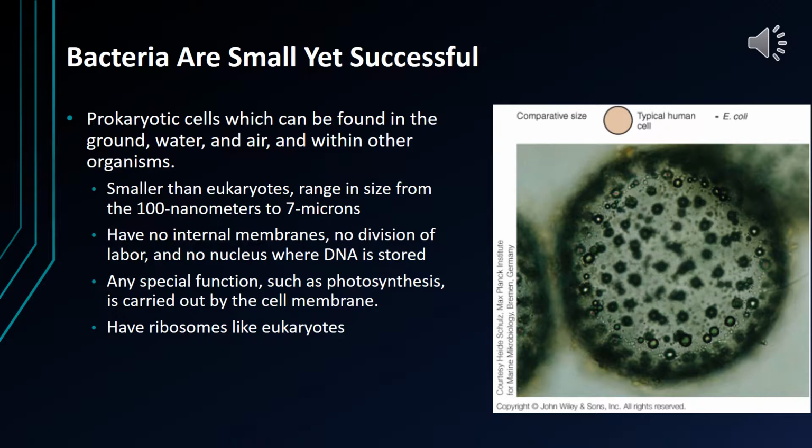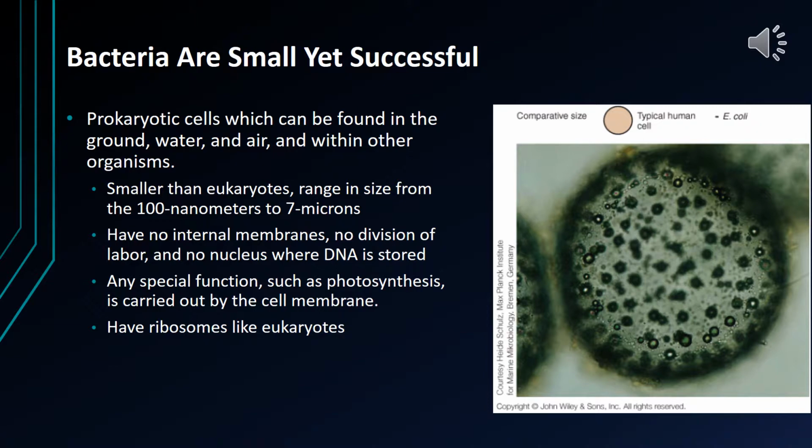Anyway, bacteria have no internal membranes and no division of labor. Essentially, they have no membrane-bound organelles, and they have no nucleus where DNA is stored. Their DNA is just lumped together in a region called the nucleoid, which has no membrane surrounding the DNA.